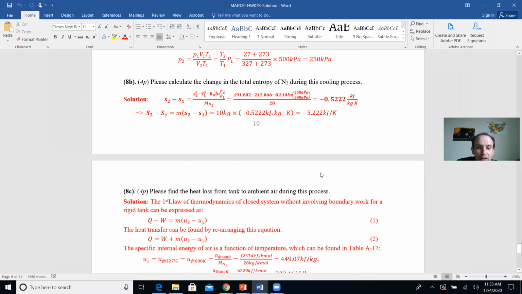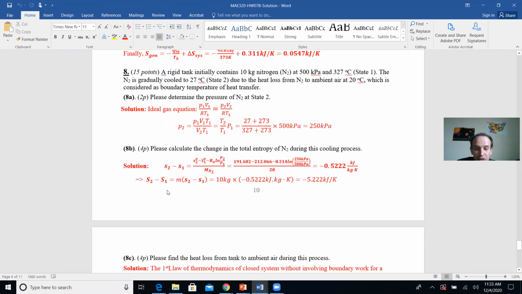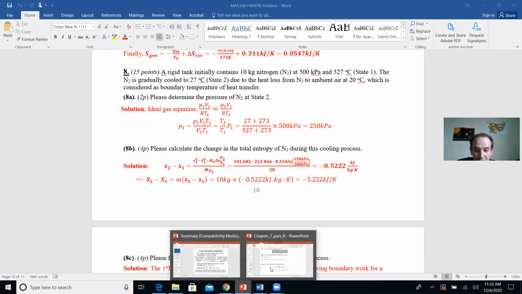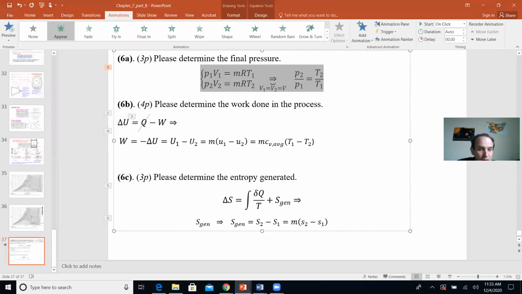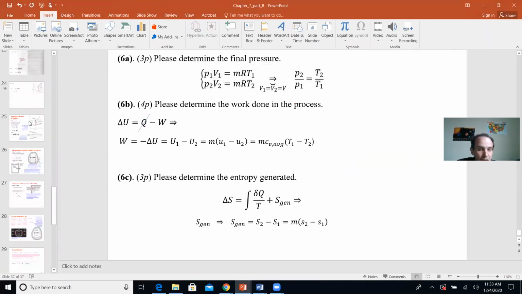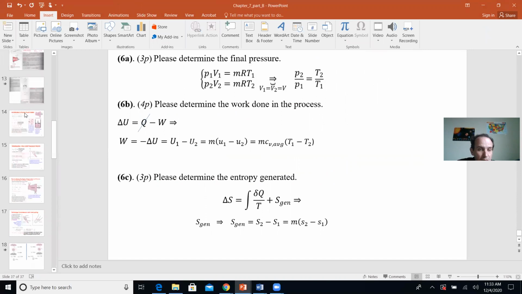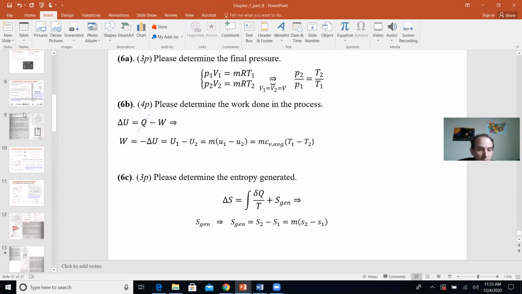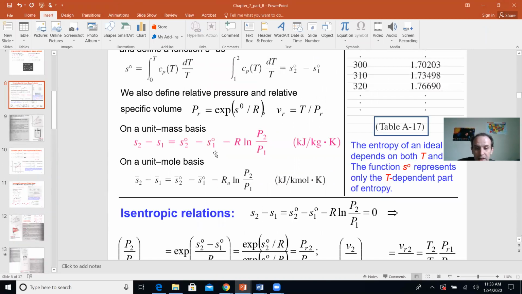Yes, so that is how you calculate S2. You use exactly the same formula as before, like here, right? That is your formula. But since we deal with nitrogen, we use its counterpart for a unit mass formula. So this will be your formula.